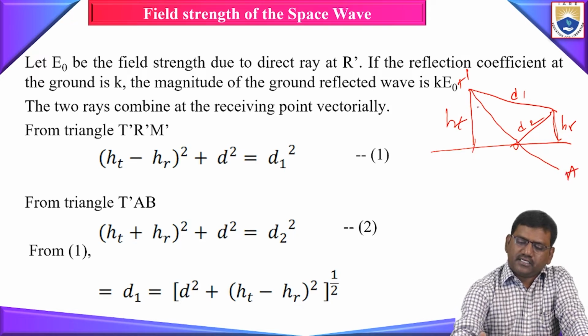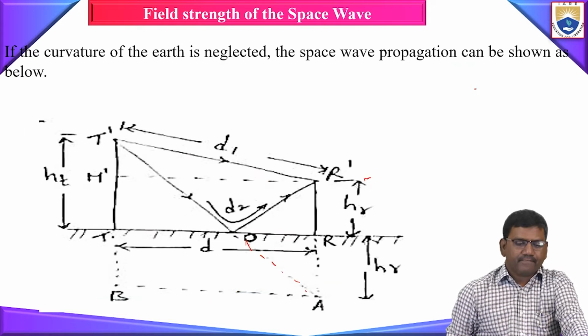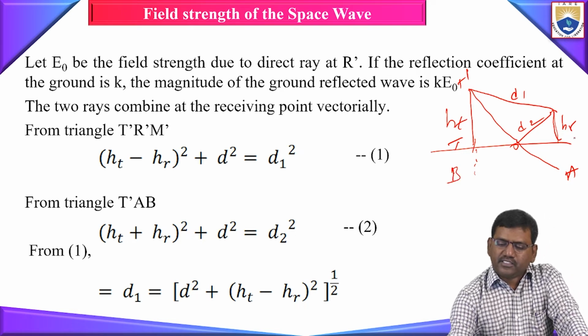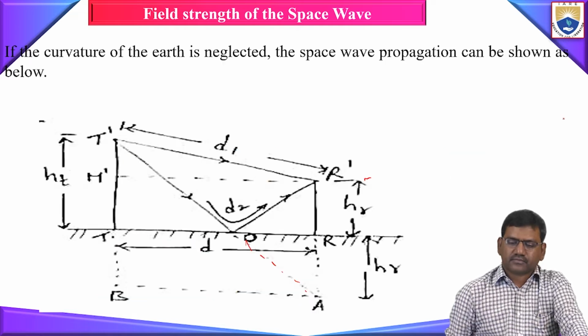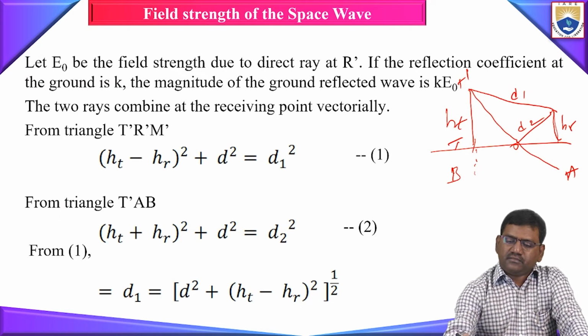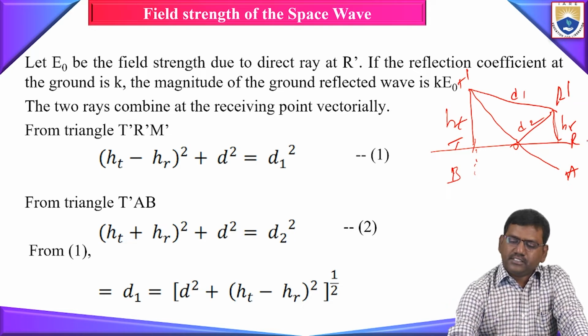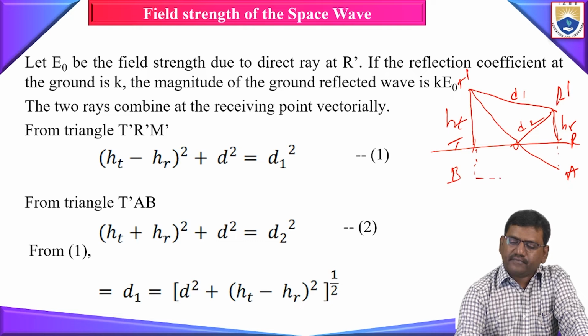Let us extend this T dash T by dotted lines to B, and join these two points here, T dash R dash. This is R, and extend this line and join AB here.